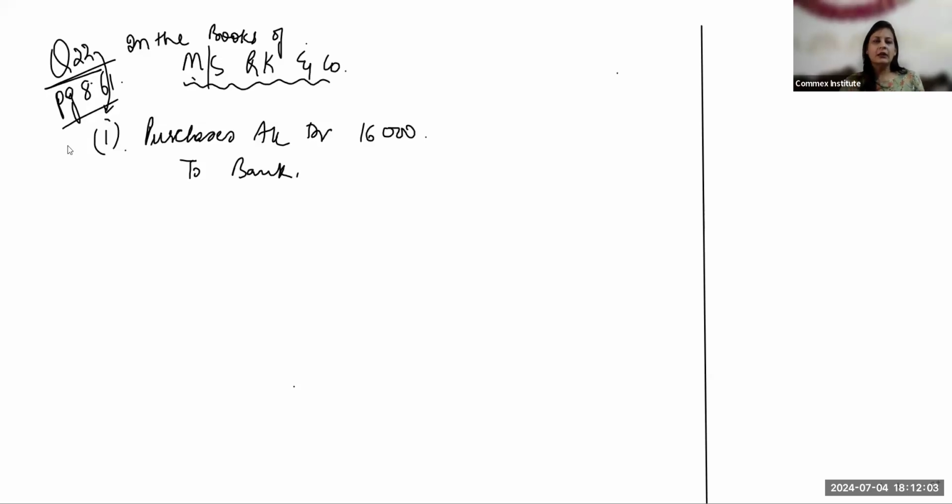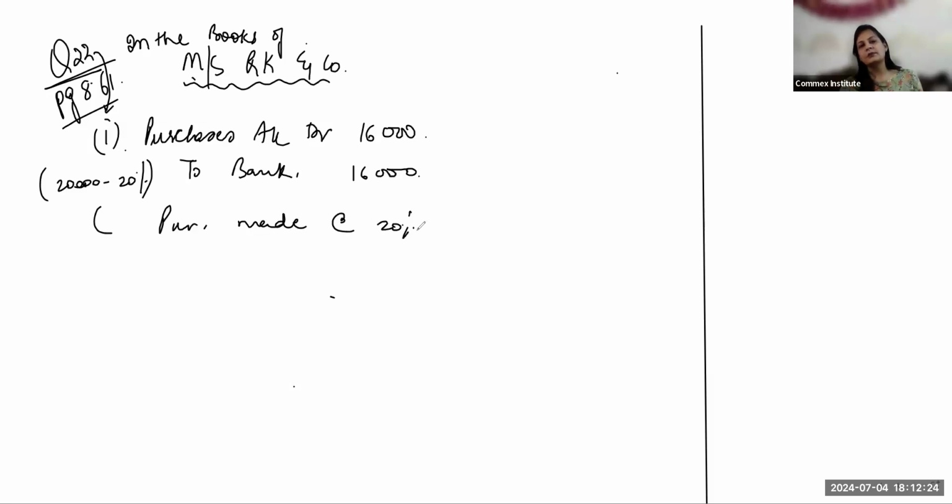If you have any working, you can always show it on the left hand side. But here on the right hand side, you have to put the amounts. Okay, and then you can write the narration. Purchases made at 20% trade discount.